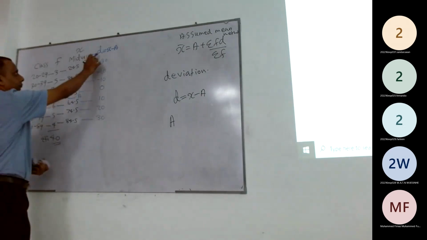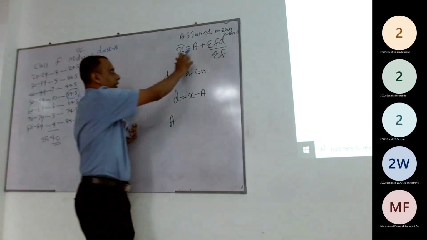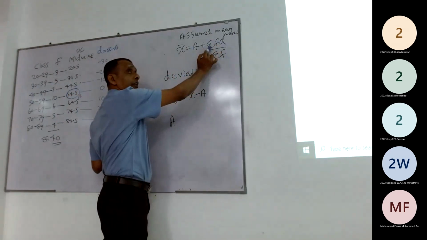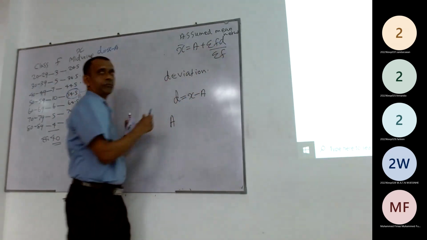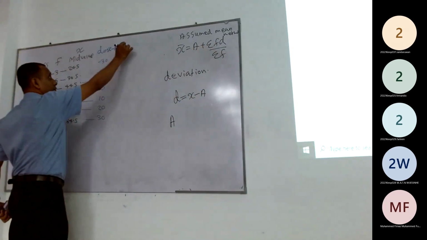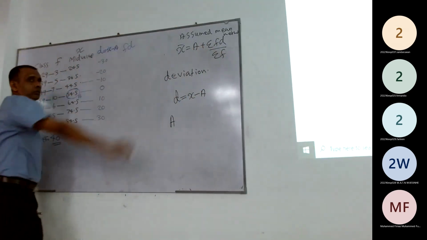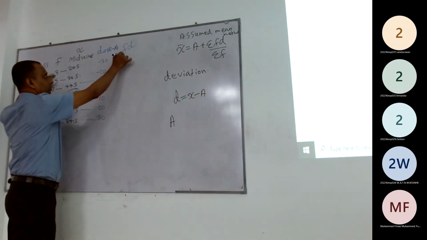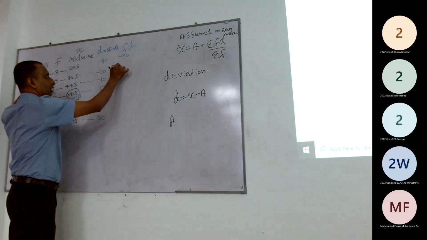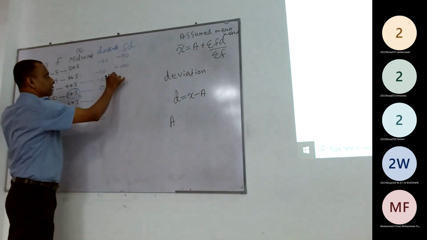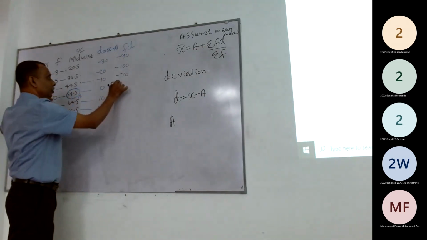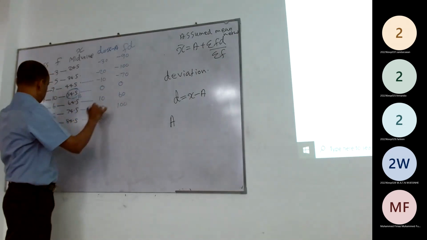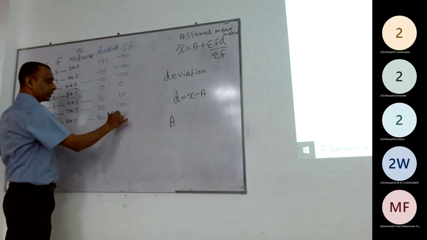That is D. Then in the formula, A is 54.5, D is there. Before taking sigma, multiply f and D. Otherwise, you are violating sigma rules. Multiply f and D: 3 into minus 30 is minus 90, minus 100, minus 70, 0, 60, 100, 130, 120.